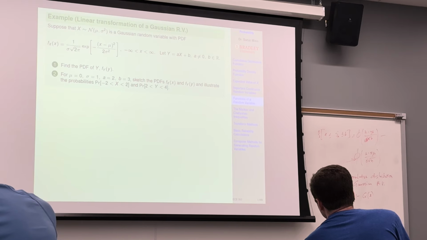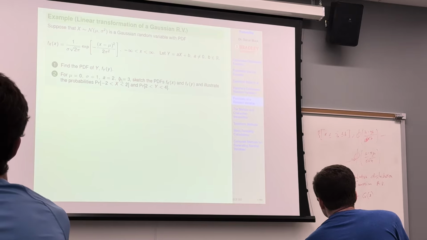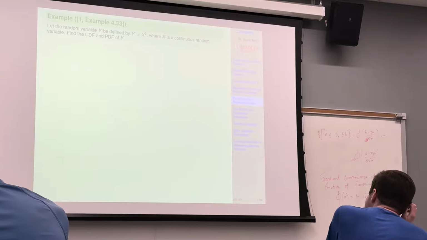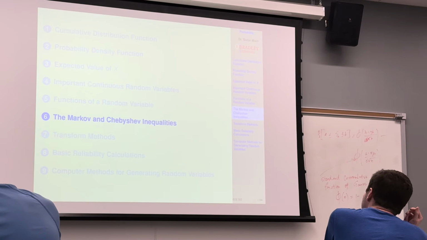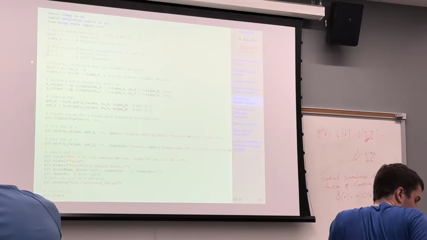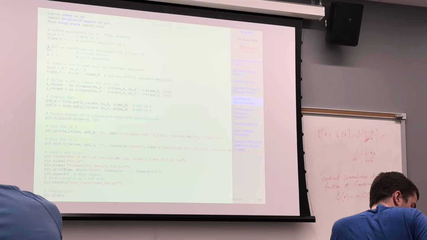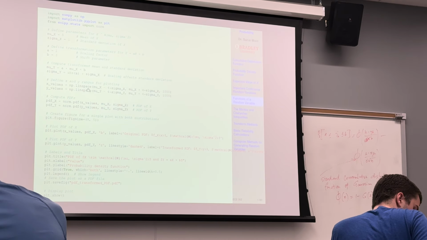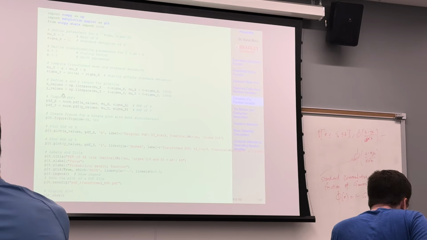We have linear transformation. You follow that. And then you had one extractive problem pertaining to this. So make sure you know how to manipulate linear space, how to make use of linear space, and how to make use of PDFs.